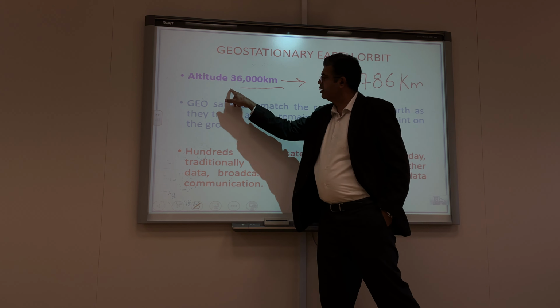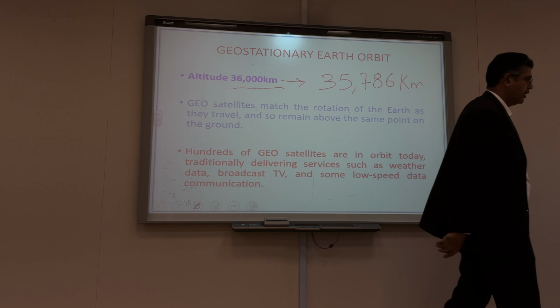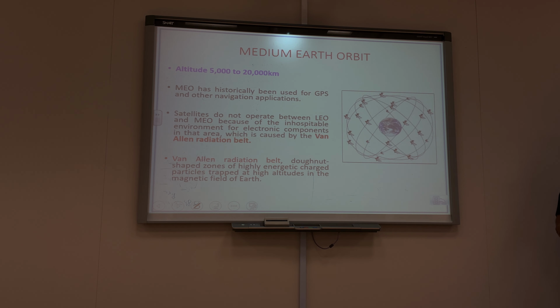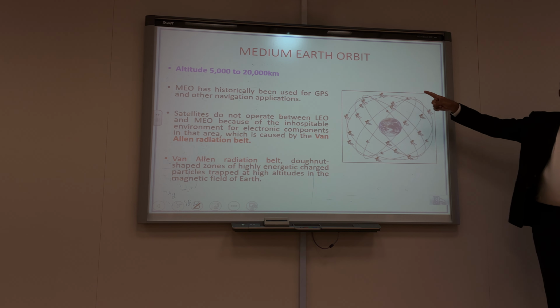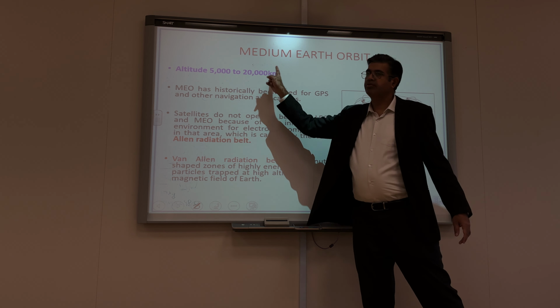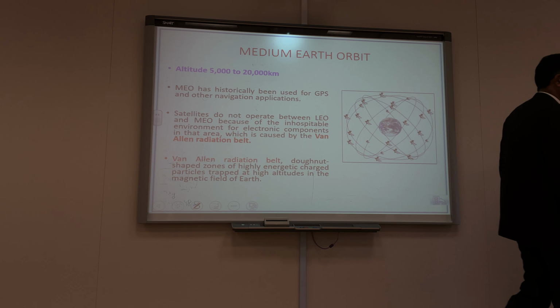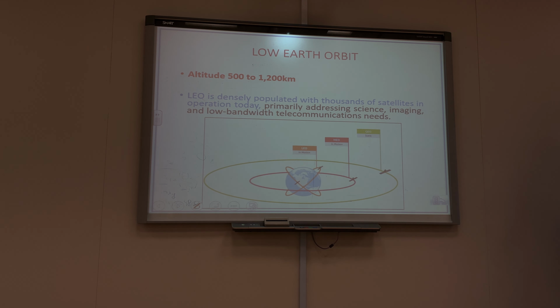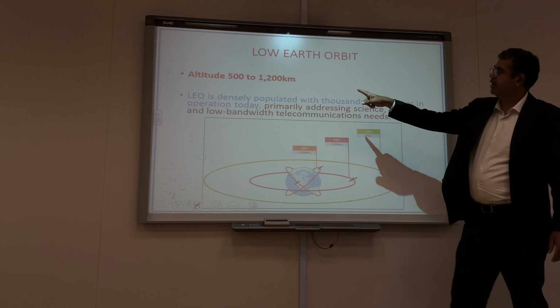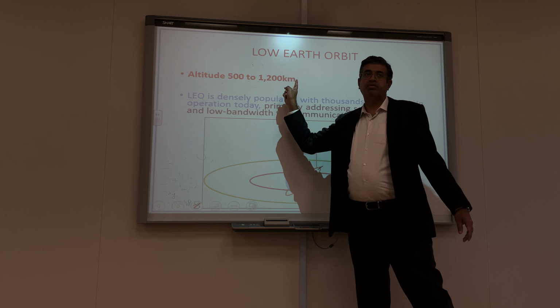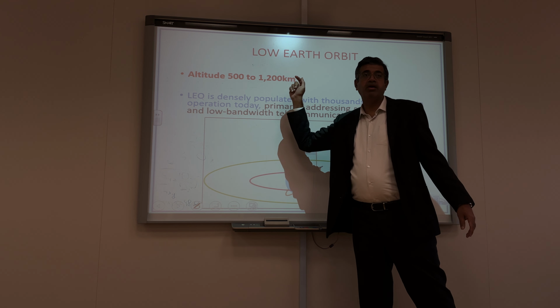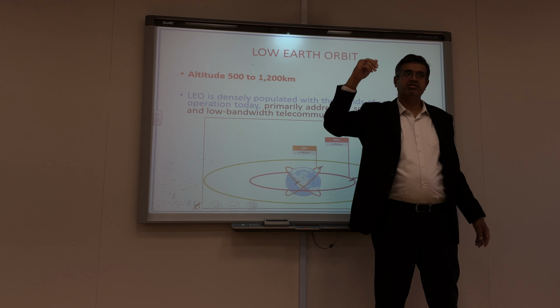For the altitude, only one value is given. If you go to the MEO, you have a range: 5,000 to 20,000 kilometers above the Earth's surface. And if you go to the low Earth orbit, you again have a range from 500 to 1200 kilometers above the surface of the Earth.